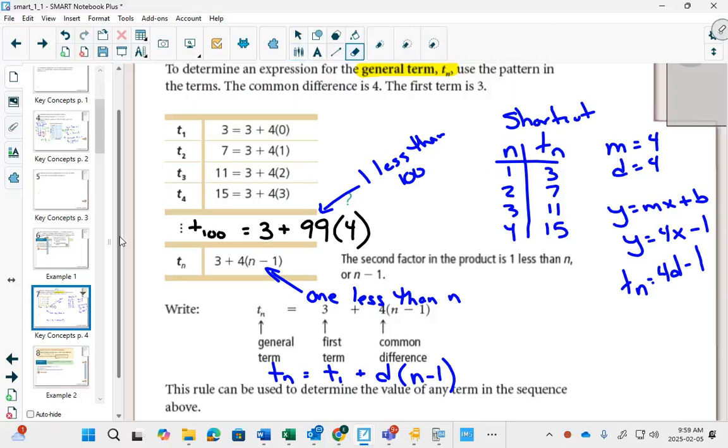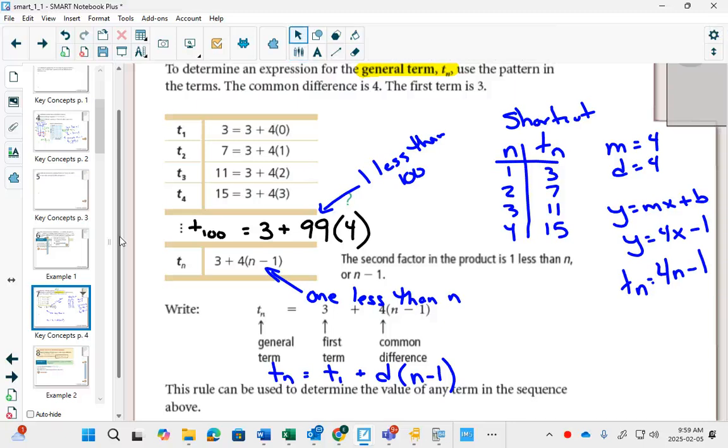Sorry, not 4d, 4n. Oh my goodness, sorry guys. 4n minus 1, because the d is the same as the slope, that's our 4. 4x minus 1 is the line, so it would be 4n minus 1.